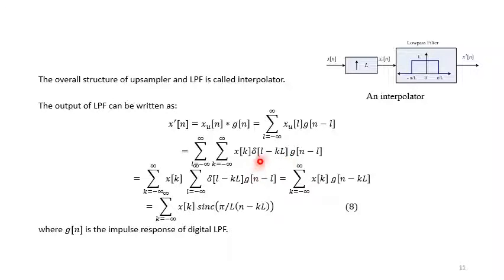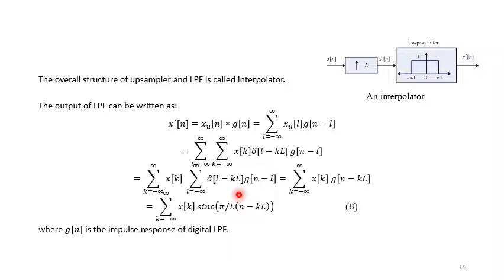Now if we solve it, first let's take x of k out, and interchange the summation. So we have summation k running from minus infinity up to infinity, x of k, and then we have l running from minus infinity up to infinity, delta of l minus kL times g of n minus l.